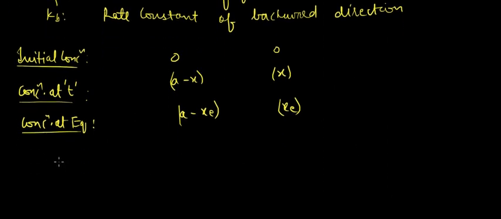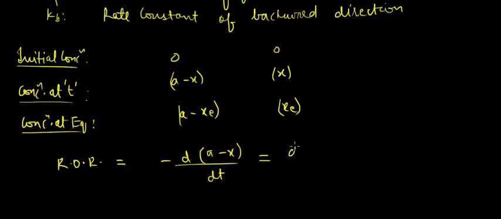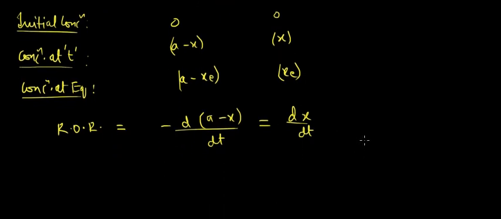Okay, so we can write that rate of reaction would be minus d of a minus x upon dt, which is rate of disappearance, divided by the stoichiometric coefficient, which is 1, which should be equal to dx by dt, or the rate of appearance of B, divided by its stoichiometric coefficient. Okay, and at equilibrium, what can we say?